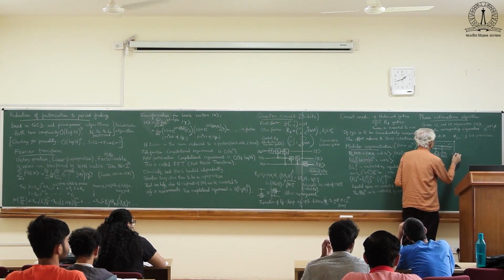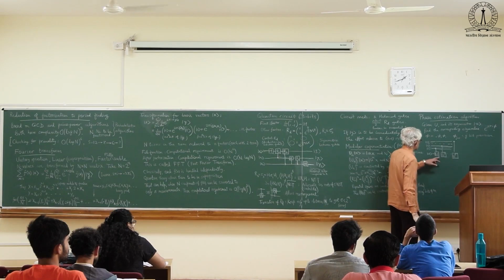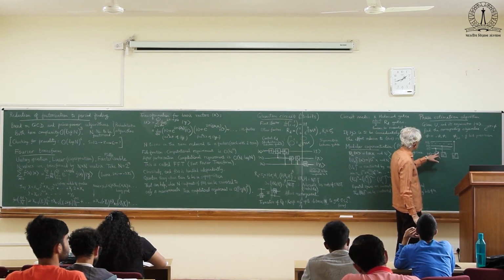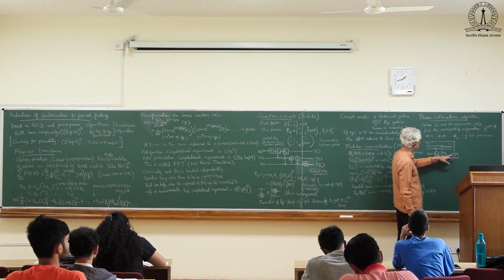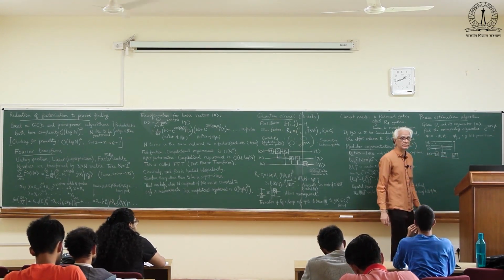It's a repeated squaring, starting with 2 raised to 0, which is equal to 1, then 2 raised to 1, 2 raised to 2, all the way to 2 raised to the power j minus 1.